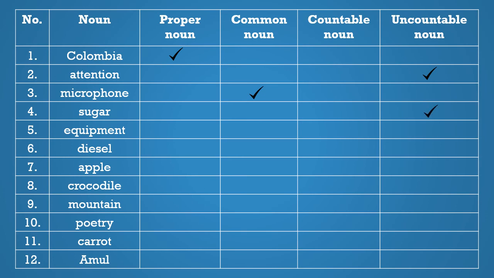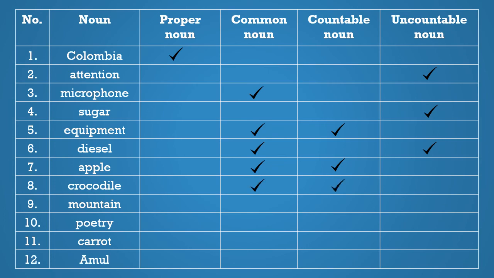It comes under uncountable noun. Number 5, equipment. It comes under common noun as well as countable noun. Diesel. It is a common noun, and we can say it's also an uncountable noun. Then comes apple. Apple is a common noun and also a countable noun.